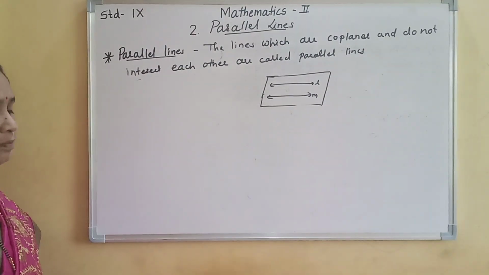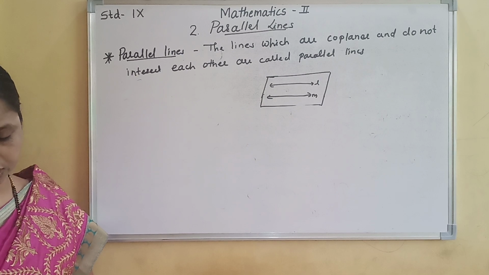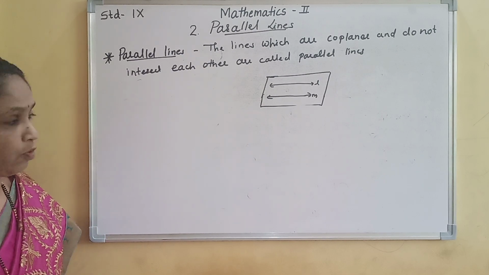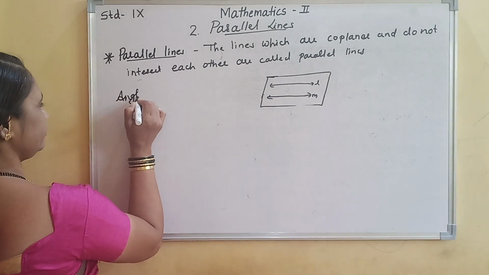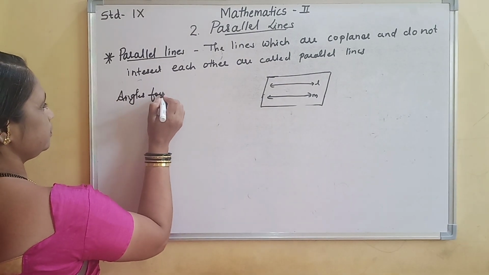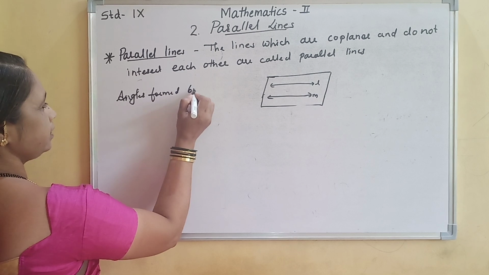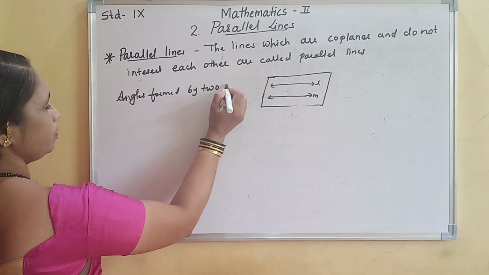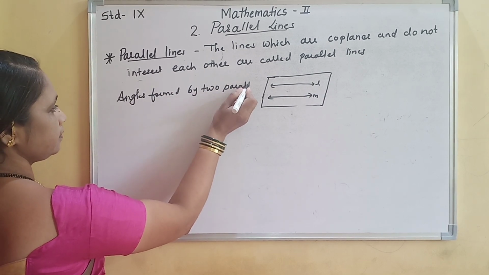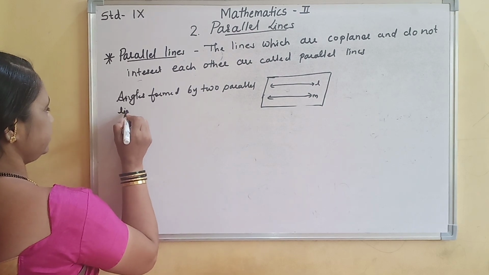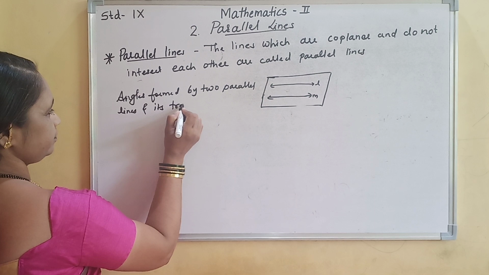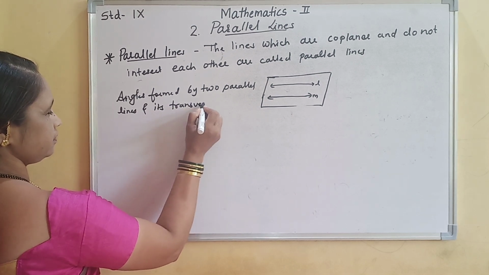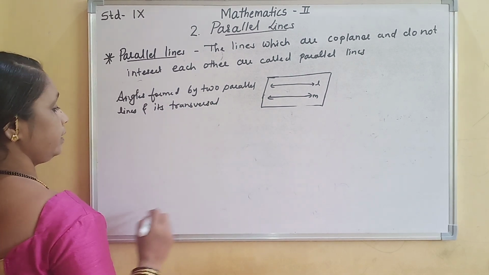Now we are going to study the angles formed by two parallel lines and a transversal.